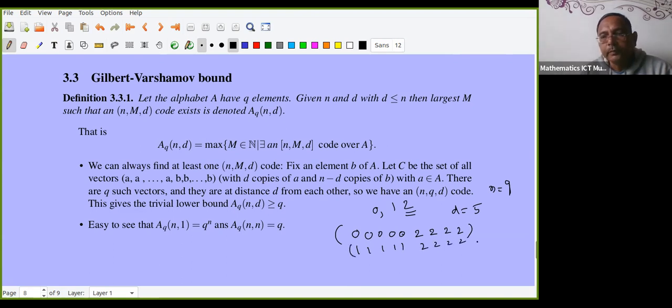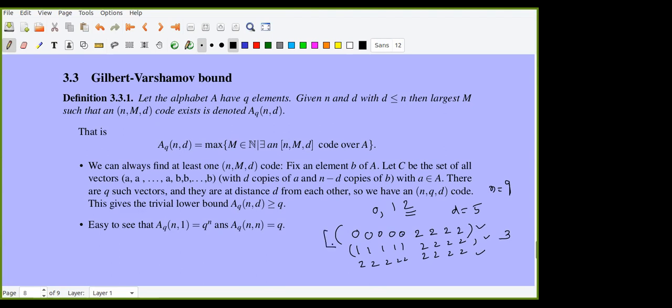And again I'm taking 2, 2, 2, 2, 2, and then 2, 2, 2, 2. So it is a subset of A to the power n. How many vectors are there here? 3 vectors. What is the distance between these two? 5.